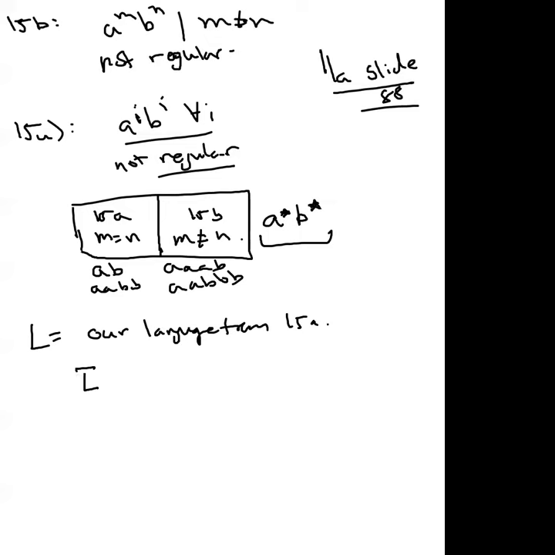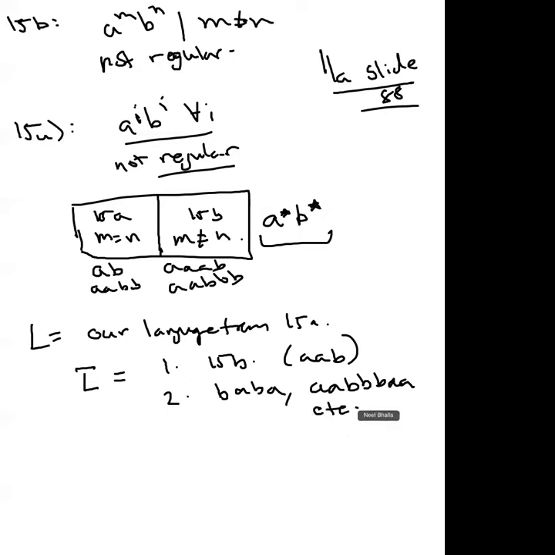It has to contain stuff from 15B because it's literally not 15A, but it also contains other words, like BABA, AAABBB, AA, etc. We don't want to include those, but if we intersect L complement with A star, B star, then the words that remain are a string of A's followed by a string of B's, and they have to be asymmetric, so they can't have m equal to n.